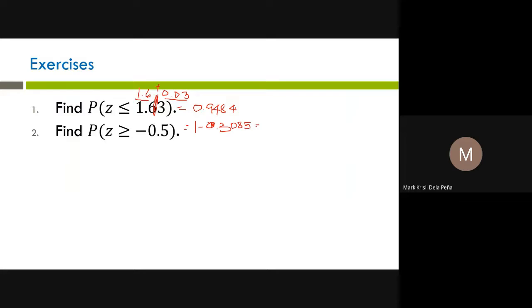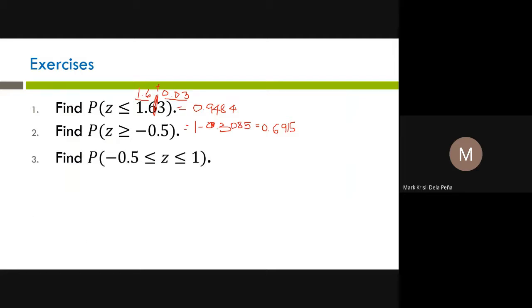So what is 1 minus 0.3085? This would be 5, that would be 1, this would be 9, and 6. So that is 0.6915. Just check if we'll get the same answer.